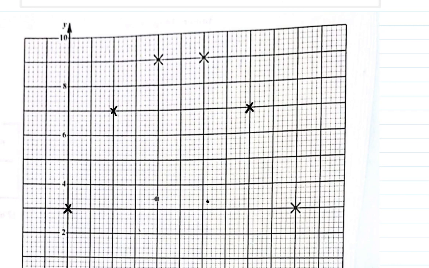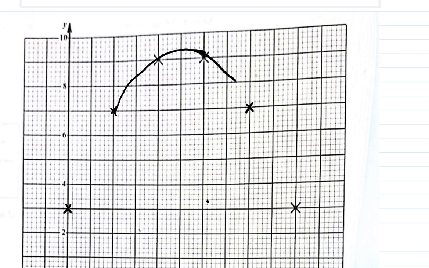Now remember, you do not join the points with straight lines. You must draw a smooth curve, because if you should calculate for 0.5, 0.1, 0.2, 0.3 and so on, you'll see that they go on a pattern with a smooth curve.